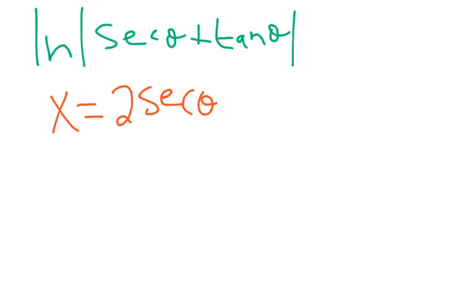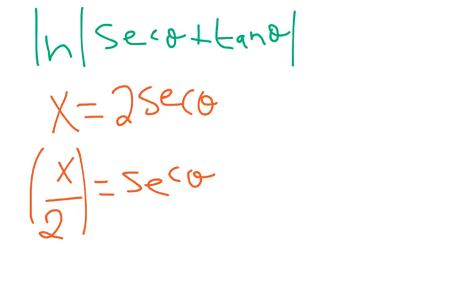So let's recall that our x equals 2 secant of theta. So this is really important because we are trying to get back to x. So this means that if we isolate secant of theta, we end up with secant of theta equals x over 2.